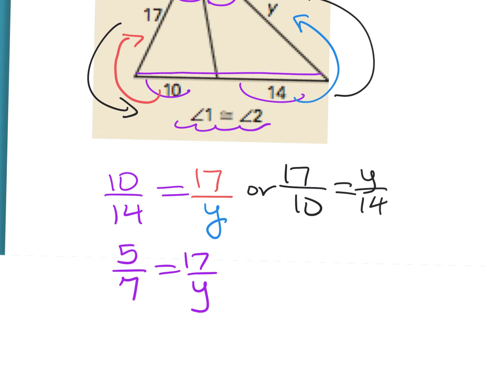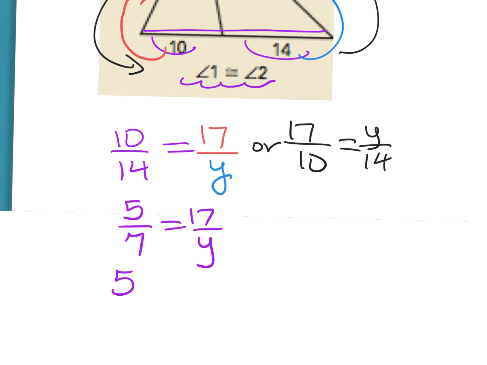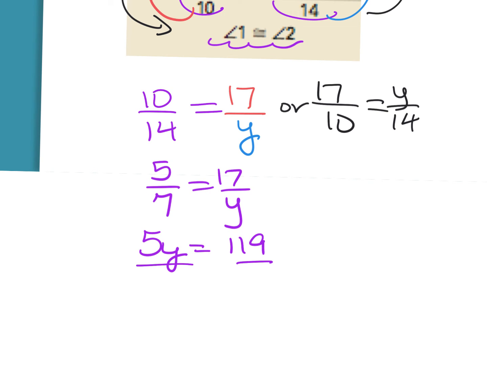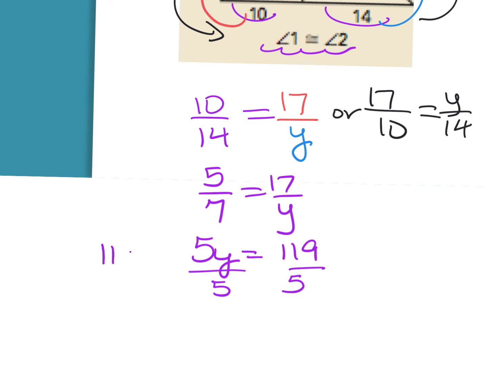And now I'll cross multiply. 5 times y is equal to 17 times 7. Now, leaving it unmultiplied won't help me on this because 5 won't divide into 7 or 17. But this gives me 119. Divide by 5. And then 119 divided by 5 goes in here twice.